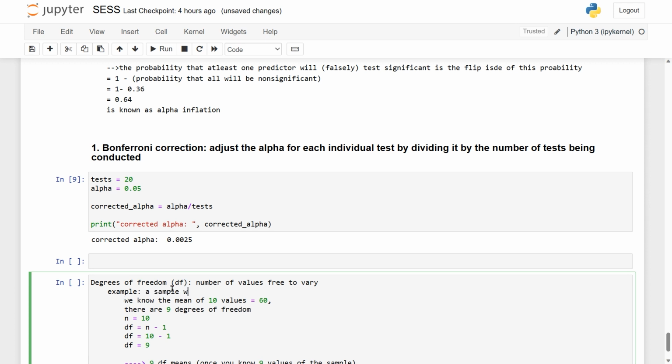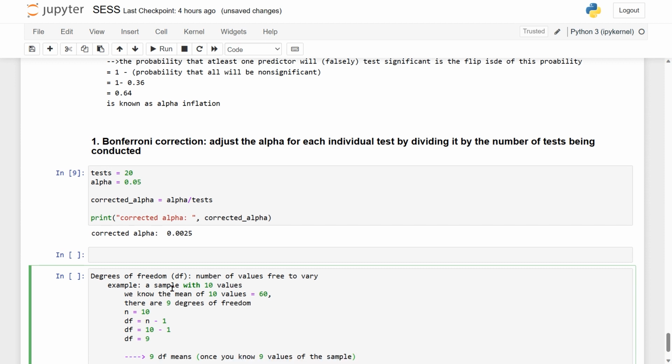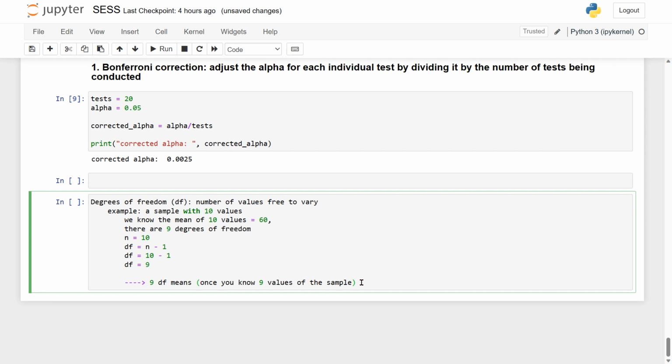Once you know the 9 values of the sample, then the 10th can be calculated and it's not free to vary. Correct? It's not free to vary. So that is the reason the degrees of freedom parameter, as applied to many probability distributions, affects the shape of the distribution also.